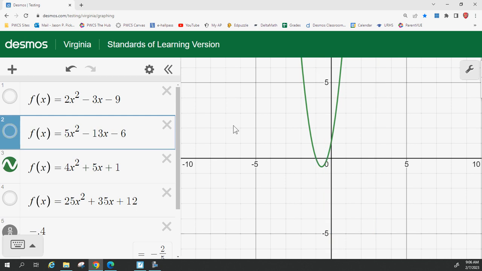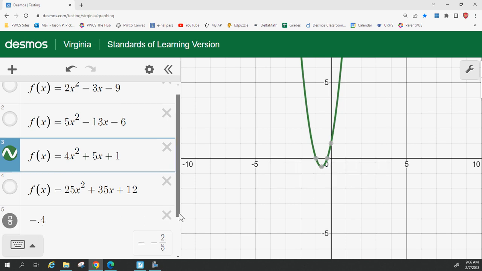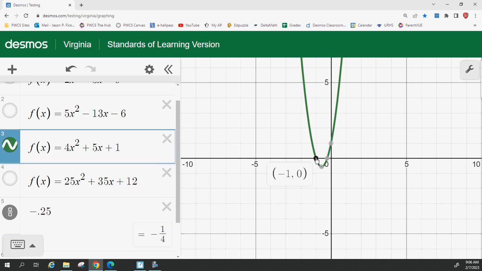So I'll do one more. This third one, we get -1 and -0.25. Again, we don't want a decimal. Let's use our fraction to be consistent. -0.25 is -1/4.